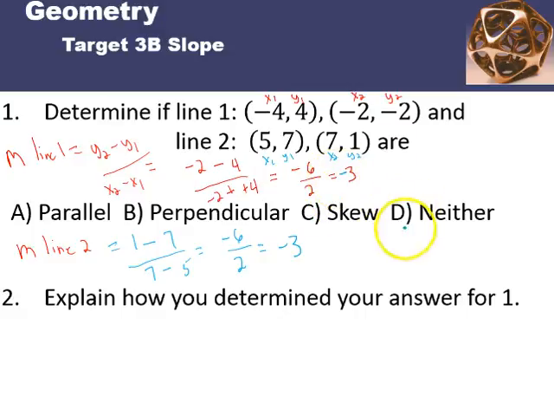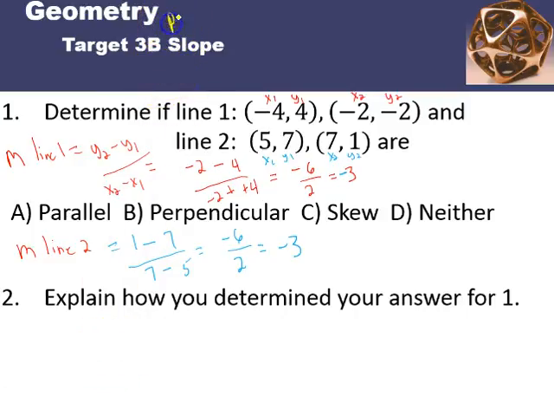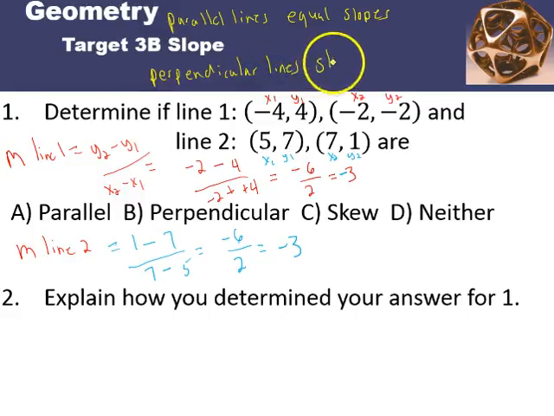they're equal. So remember, we had a theorem. Let's go ahead and write that down. We'll do it in yellow so you can see it up here. Parallel lines have equal slopes, and perpendicular lines, their slopes are negative reciprocals, or opposite reciprocals.